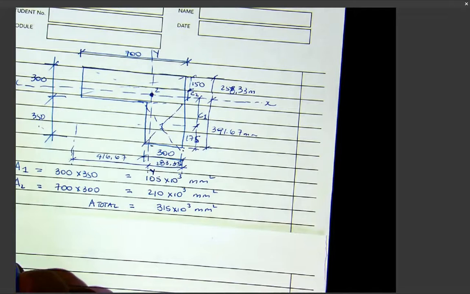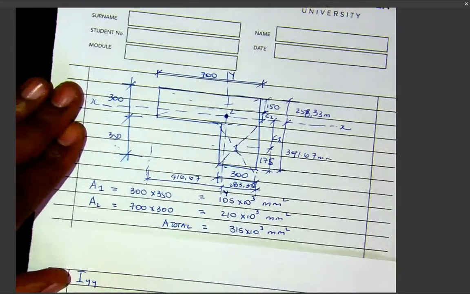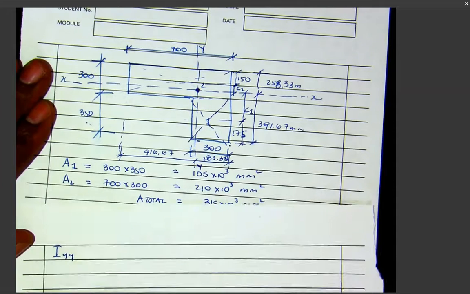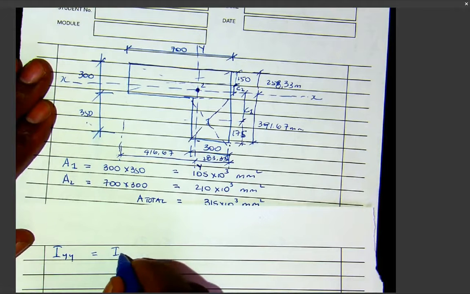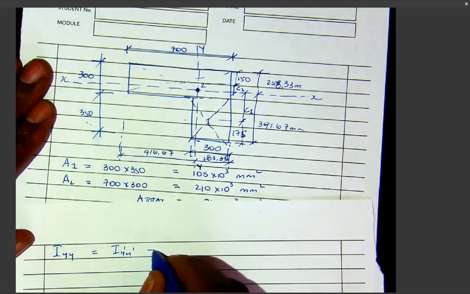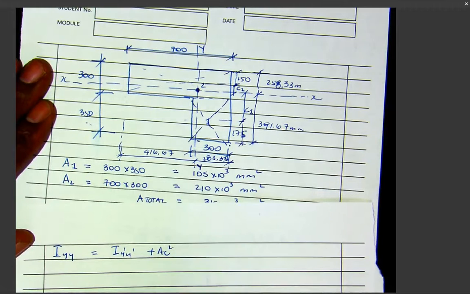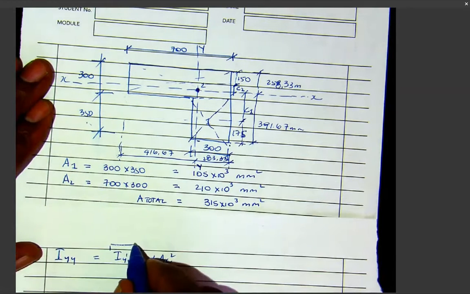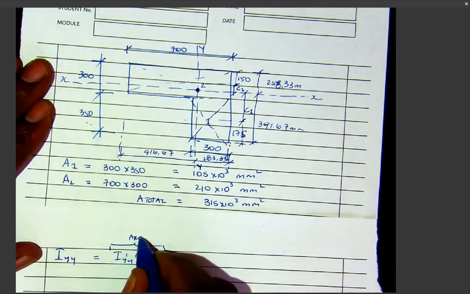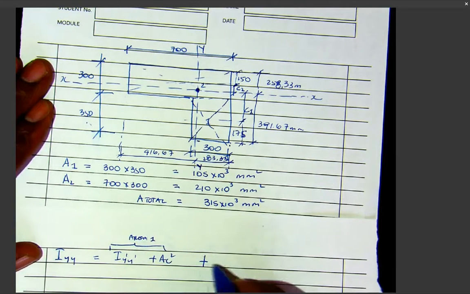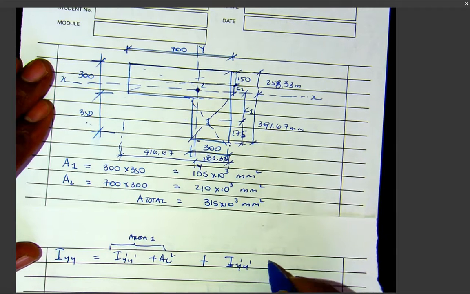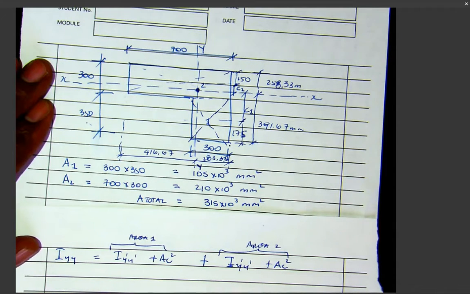IYY, exactly the same way that we're calculating IXX, is equal to IYY plus AC squared for area 1, plus IYY plus AC squared for area 2.